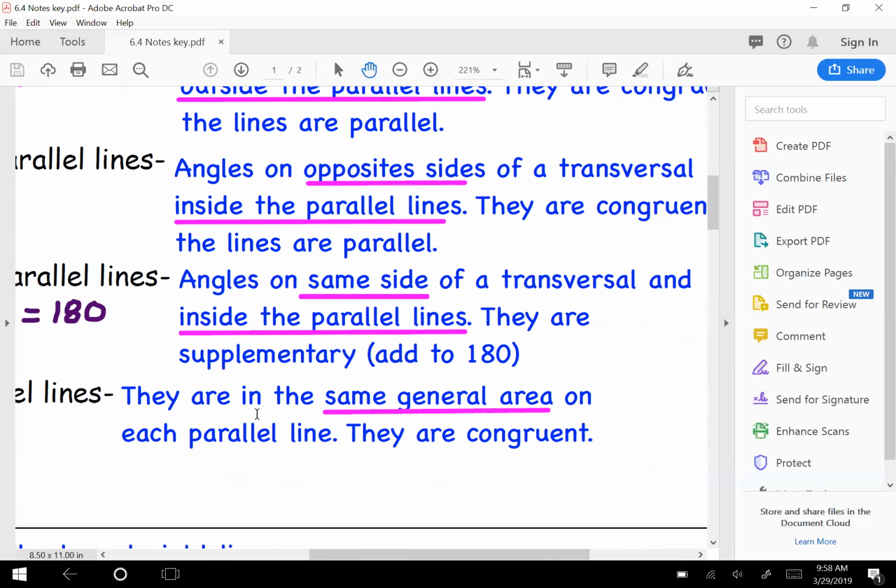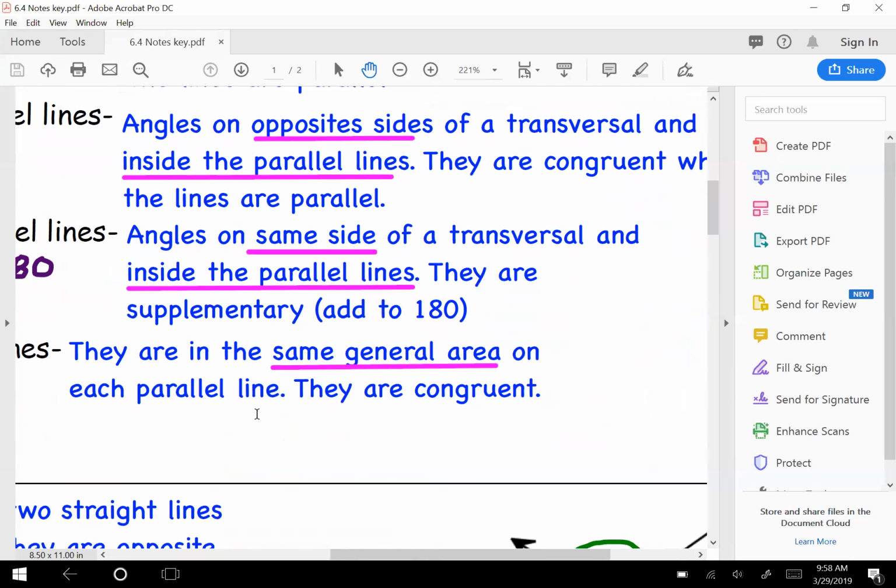Okay, finally we have corresponding angles. And corresponding angles are in the same general area on each parallel line. They are congruent.